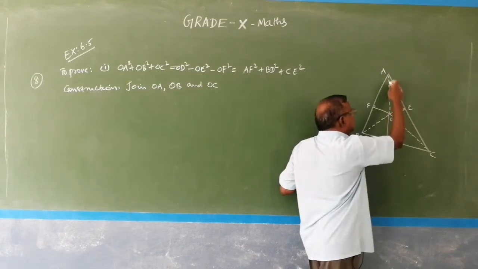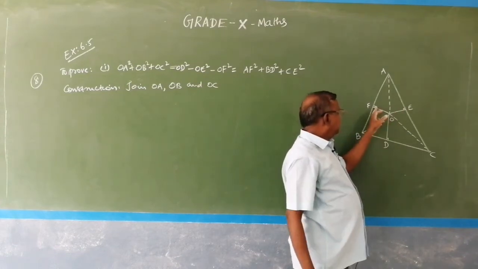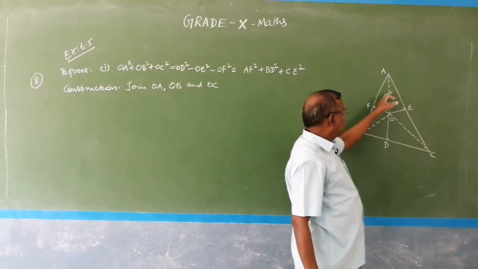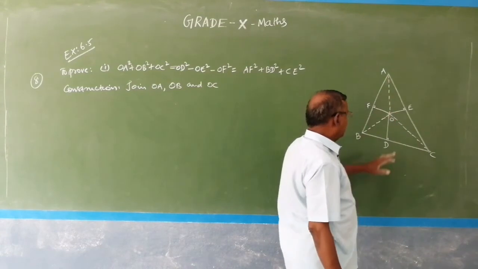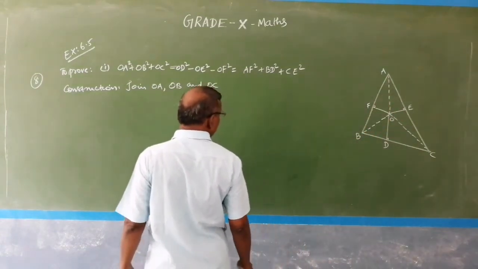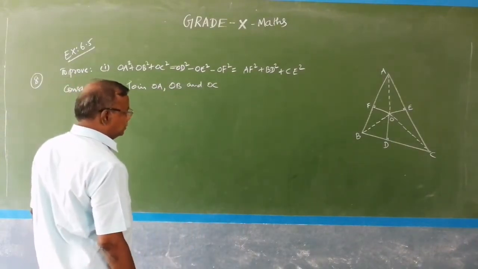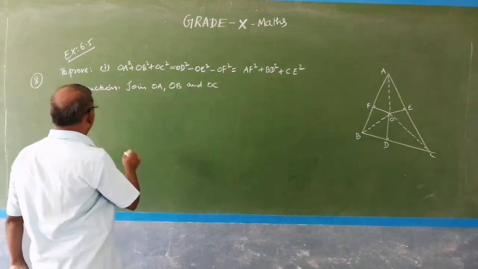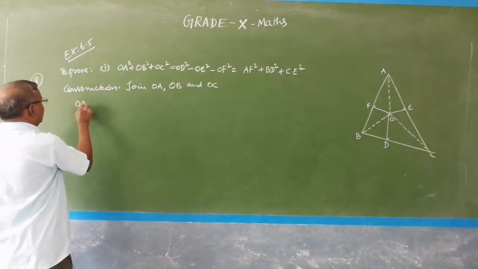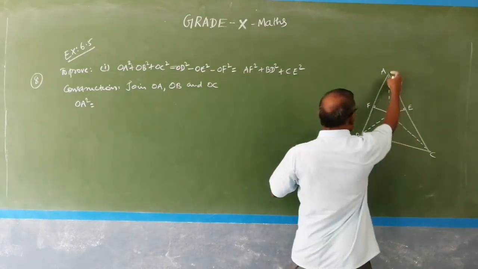In triangle AOF, angle F is a right angle, therefore OA must be the hypotenuse of either of the triangles. So, in triangle AOF, OA is the hypotenuse, therefore OA square equals OF square plus AF square.